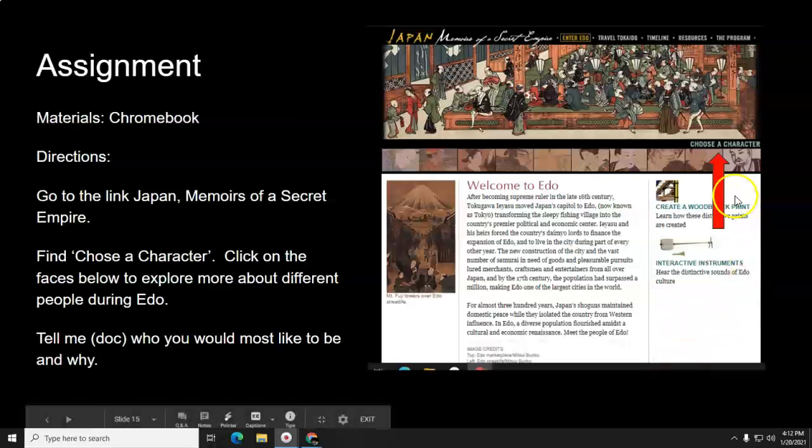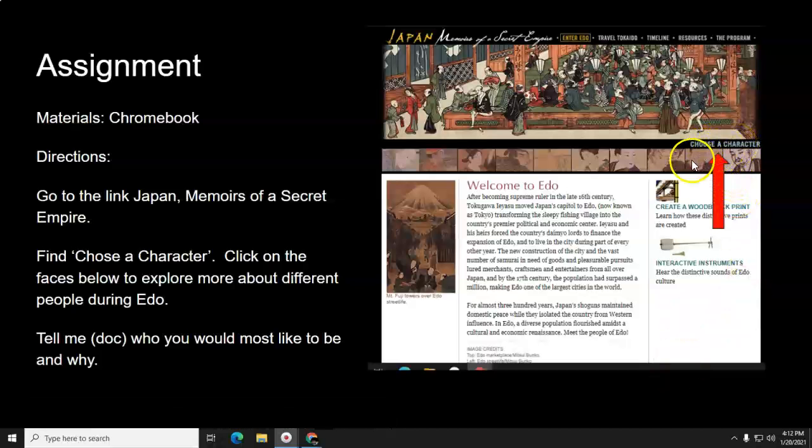On the landing page right here, you'll see choose a character, and then there's parts of faces from Japanese woodcut illustrations. If you click on that, it will tell you about that person, what they did, and also how they looked, what they wore. So you've got shoguns and samurai and geishas and courtesans and writers and merchants and lots of different people here, daimyos.